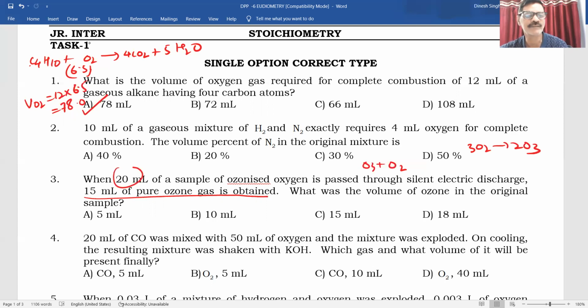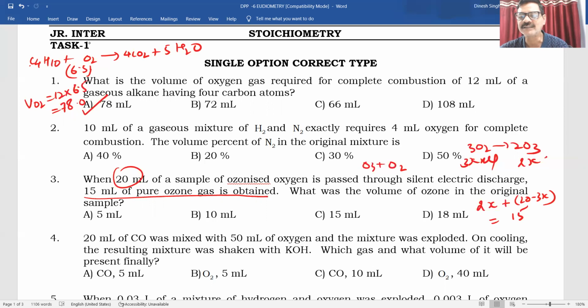Suppose it is 3x ml, which will form 2x ml. So 2x plus the initial amount 20 minus 3x becomes equal to 15 total.